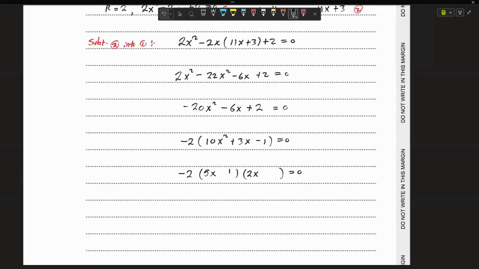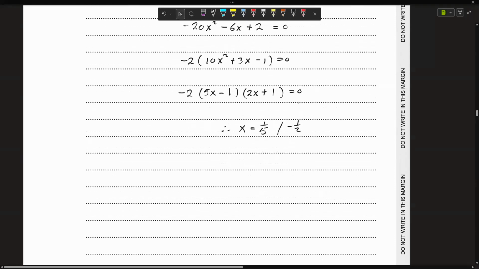So this should be better. 1 and 1 here. Positive 2 and then negative. So minus 2 plus 5 is 3. So I think we are good. Therefore, the possible values of x will be a fifth or negative a half.